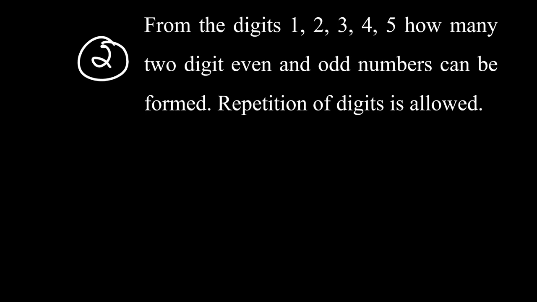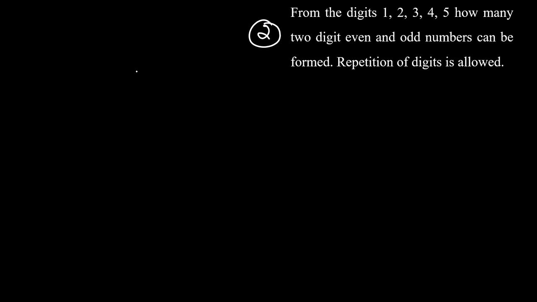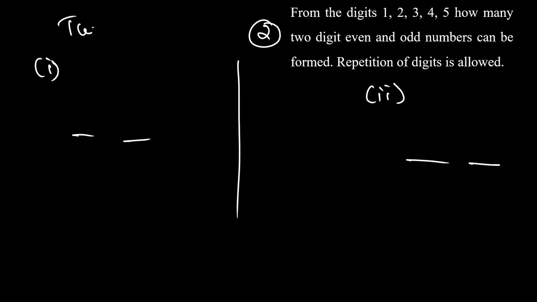Now you will see I cannot write nPr. You can see practically, sir, I said long back: repetition is there, so permutation is not allowed, combination not allowed. Now you can see the reason. First, the two-digit even number, then the two-digit odd number. And my dear friends, always try to go for the condition first.